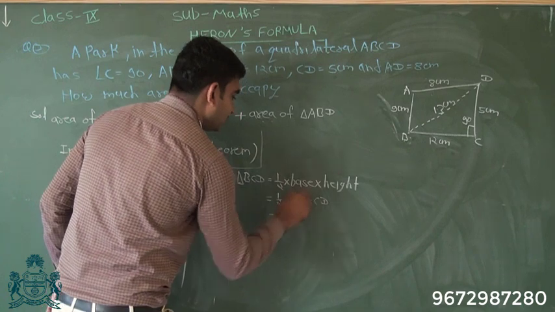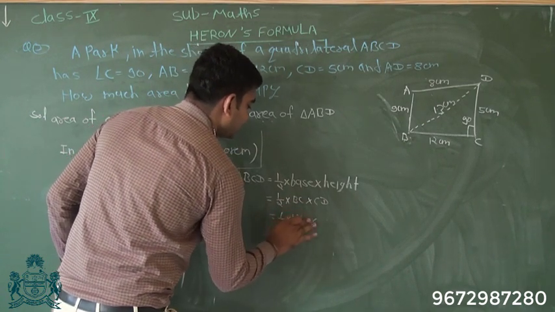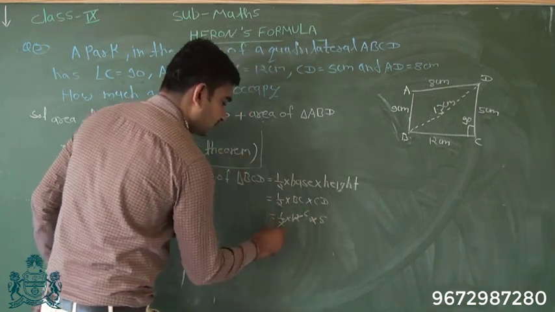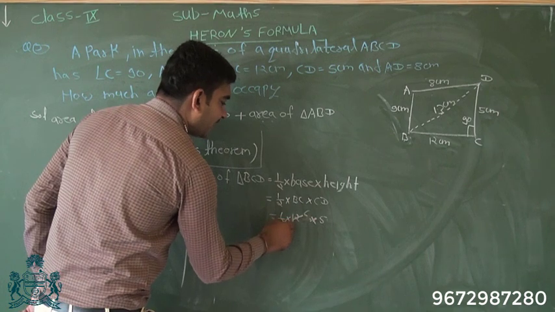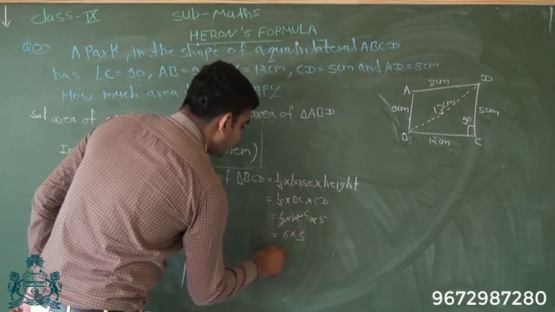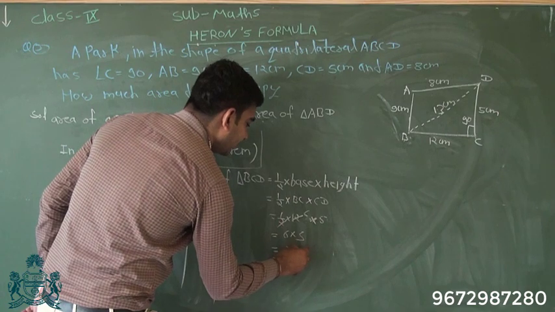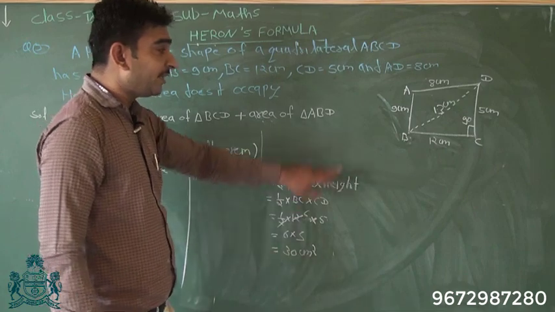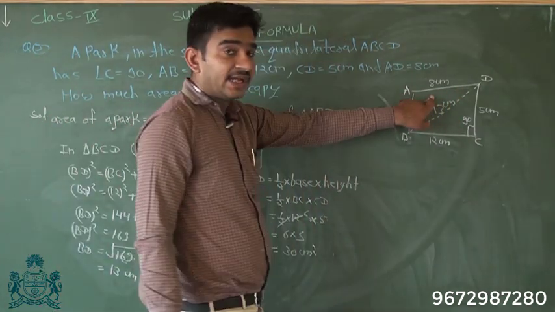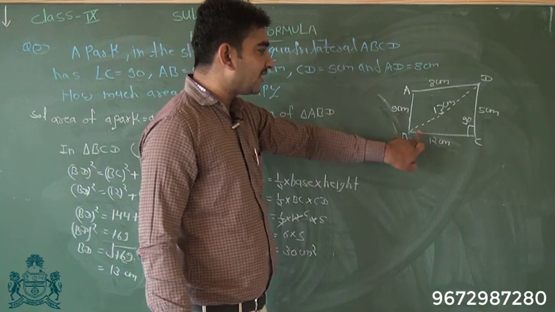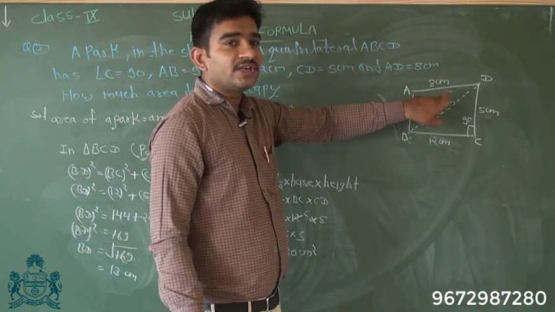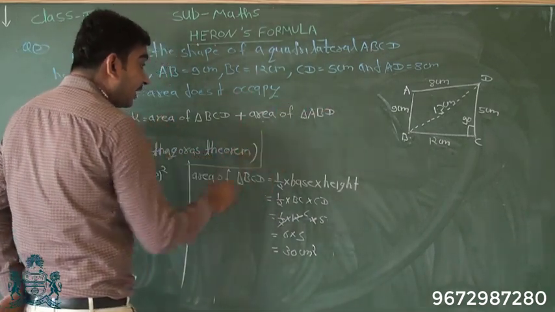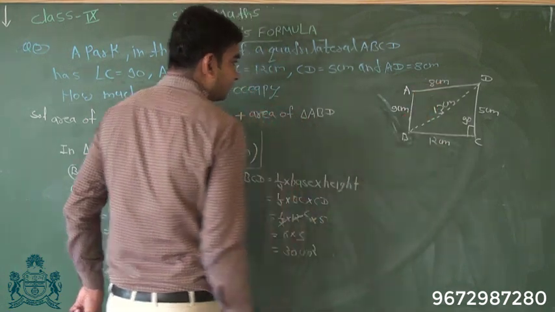That is 1 by 2 into 12 into 5, which is 6 times 5, equal to 30 centimeter square. Then the area of BCD equals 30 centimeter square. For the area of ABD, three sides are given: AB equals 9 centimeters, BD equals 13 centimeters, AD equals 8 centimeters. Then using Heron's formula we find the area of ABD.